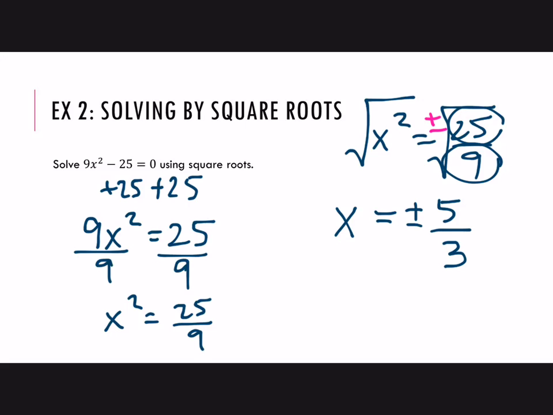So the two solutions are 5/3 and -5/3. Now this one, anytime you get an answer that's a fraction or an integer, that means that we could have also solved this by factoring. So you might be interested, go back, try this a second way, see if you can solve by factoring and make sure you get the same two solutions.